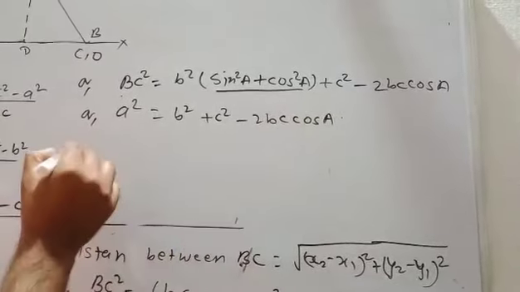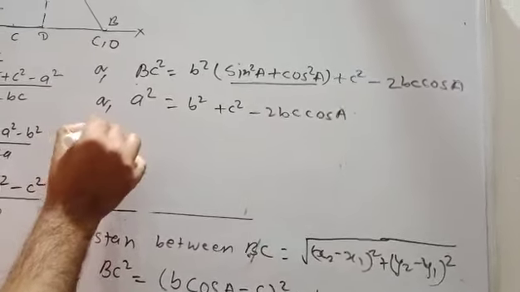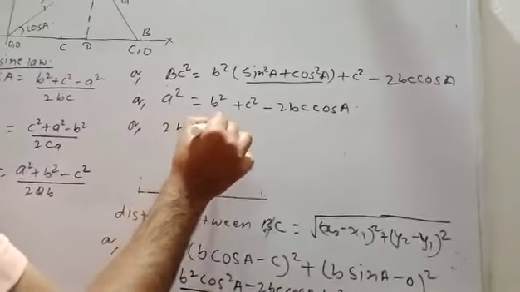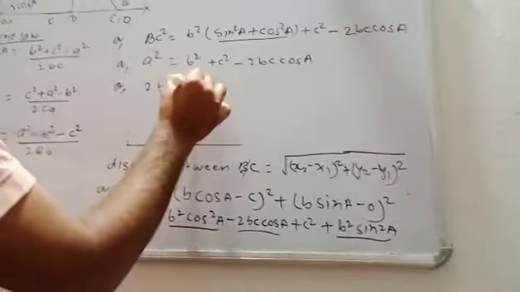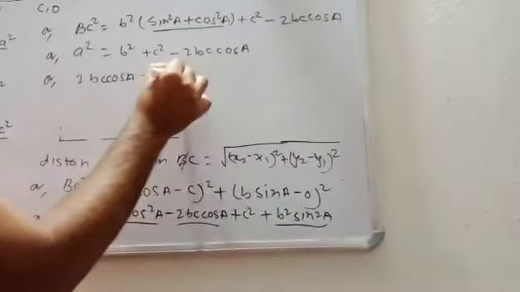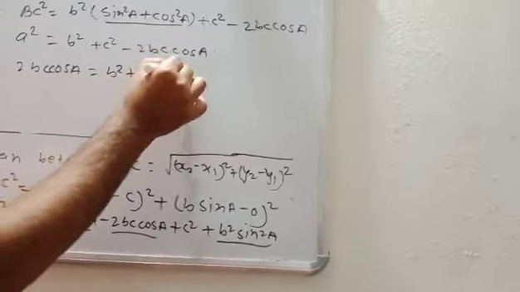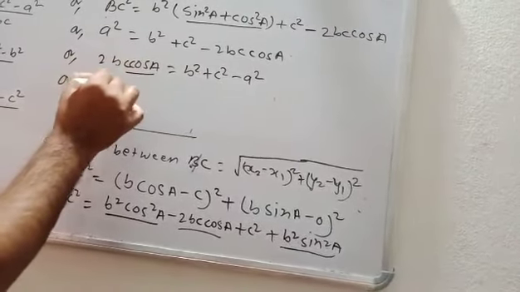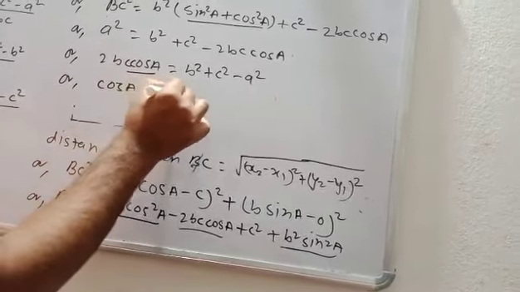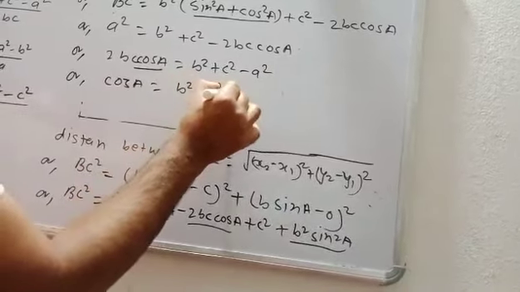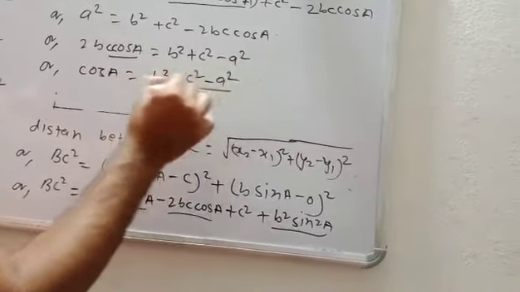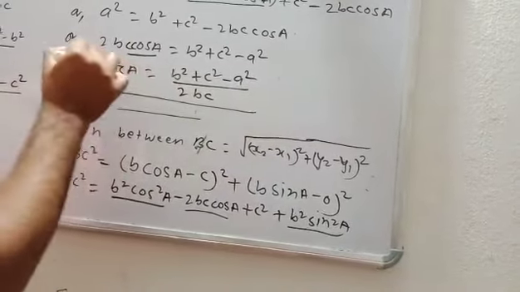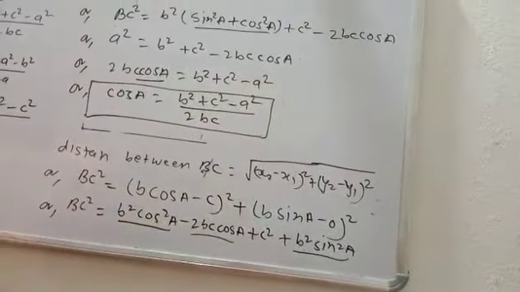Now this will be 2bc cos A is equal to b square plus c square minus a square, or cos A is equal to b square plus c square minus a square upon 2bc, which is our first relation.